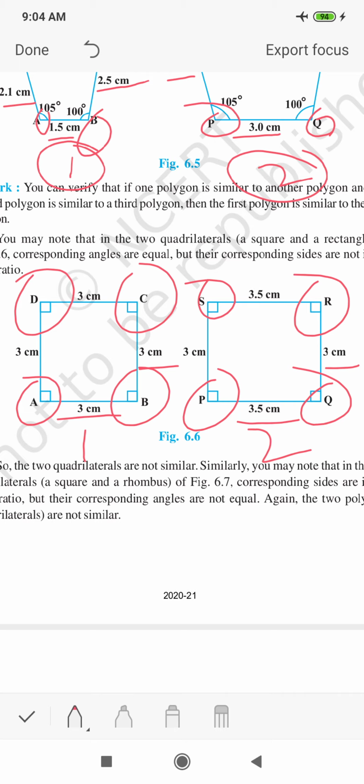So the ratio is different. Even though their angles are equal, their sides are not in the same ratio. So these two are not similar figures. The earlier two are similar, but these two are not.